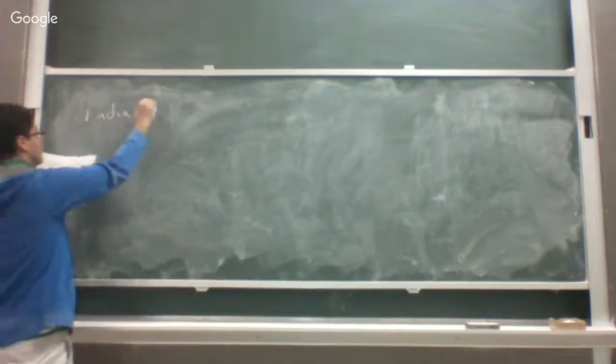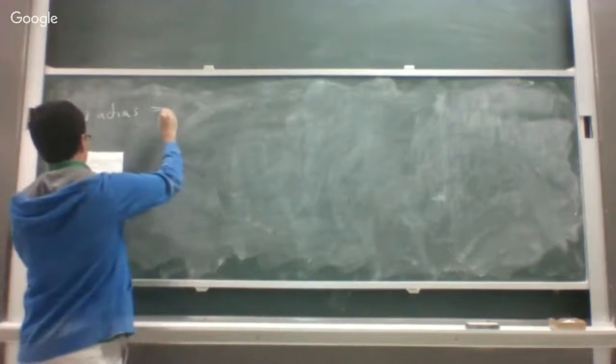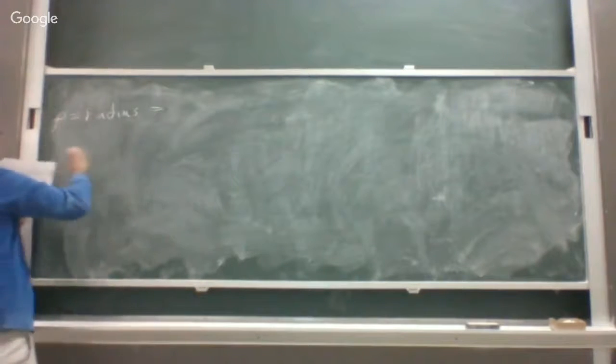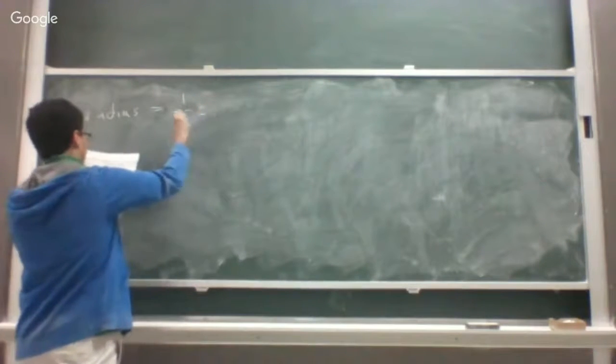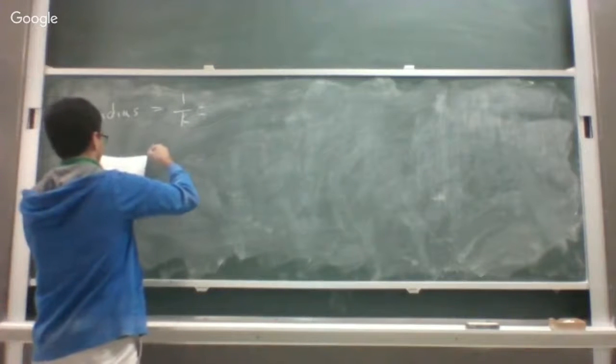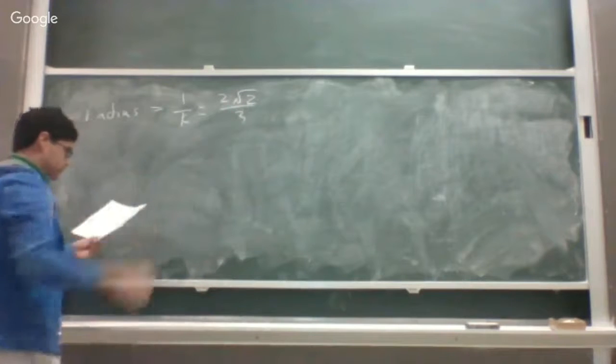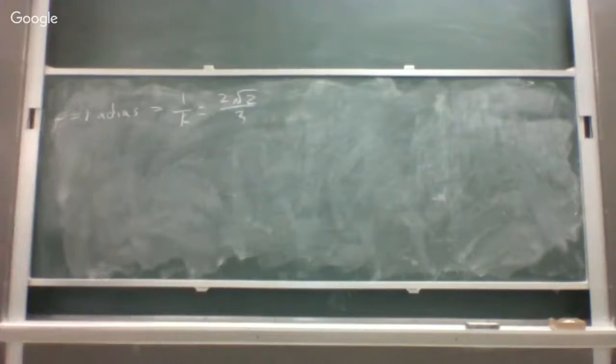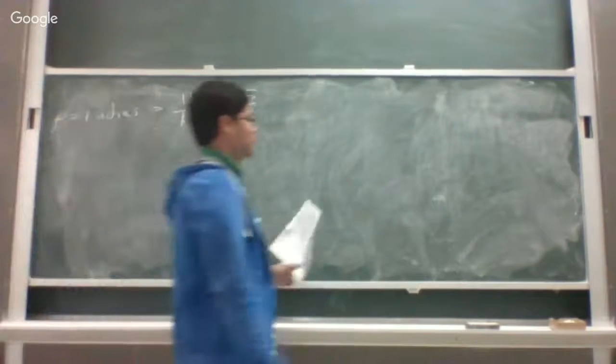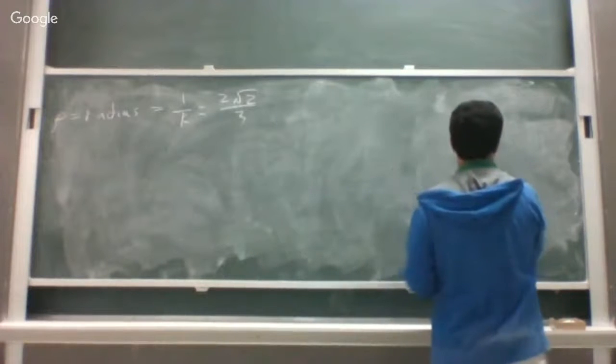Radius is 1/k. So in this case, it will be 2 square root of 2 over 3. Okay. I shouldn't have deleted this. Where is it?